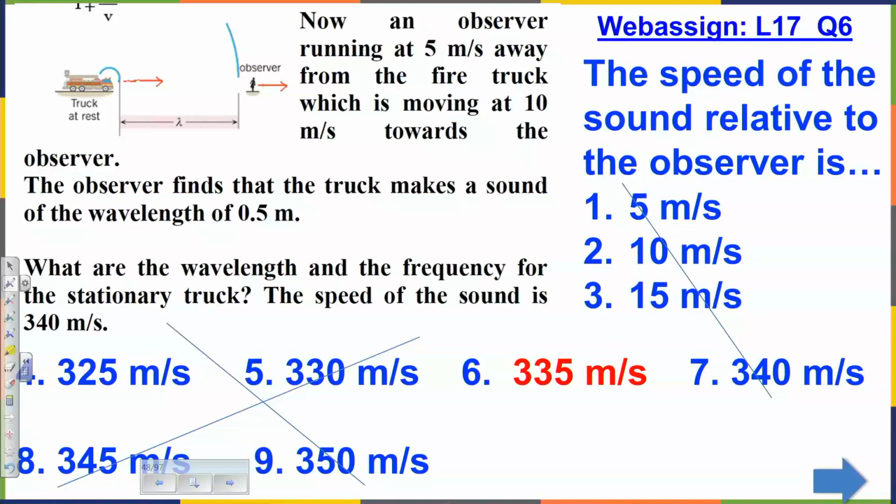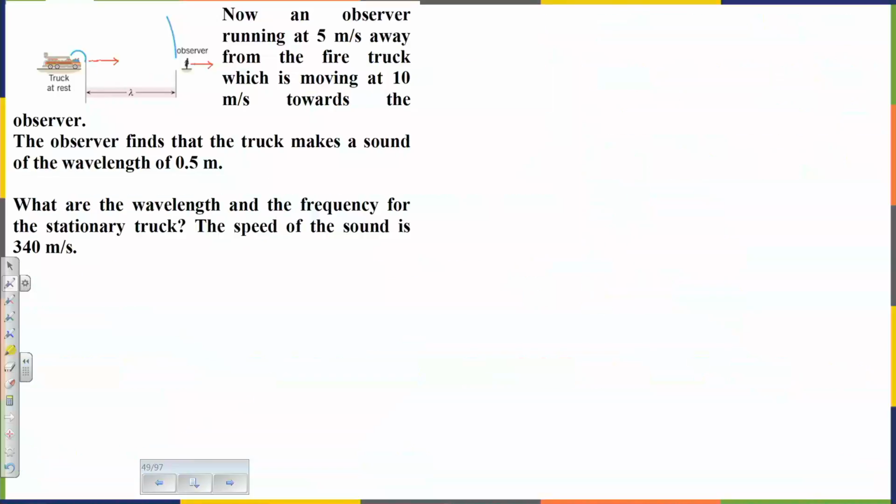So in this situation, if the speed, this is a very important word, if the speed of the sound relative to the ground is 340, but the observer runs away from wavefronts, so the relative speed decreases by 5. 340 minus 5, 335.